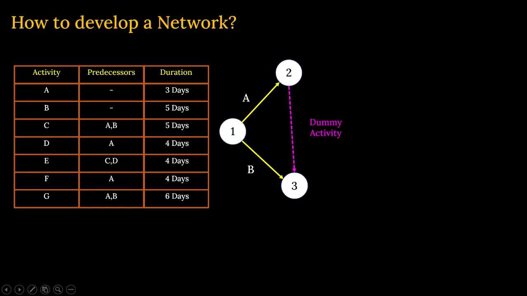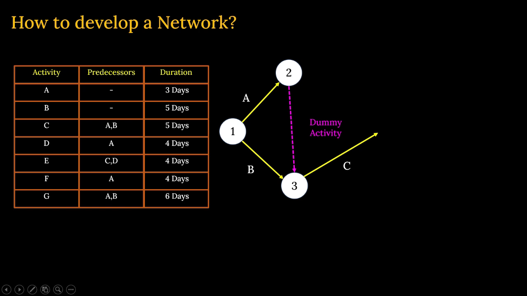And now we can see that D is starting from A, and C is starting from A and B. So A started from here, ended here. B started from node 1, ending at node 3. Now once both A and B are completed, then C will start.